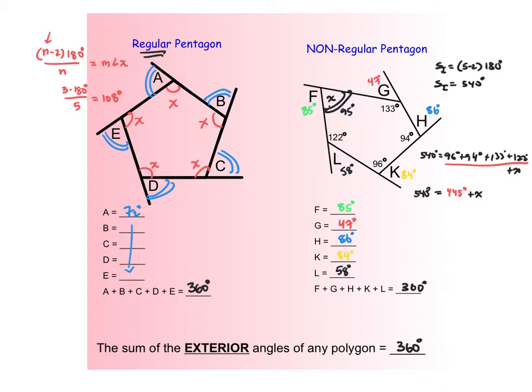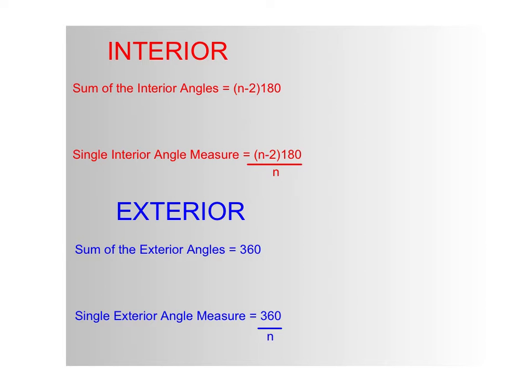All right, let's look at the formulas we've accumulated to this point. So we've got sum of the interior angles, n minus 2 times 180. Single interior angle measure, of course, this is assuming that we've got an equiangular polygon, right? Or it could be referred to as regular.